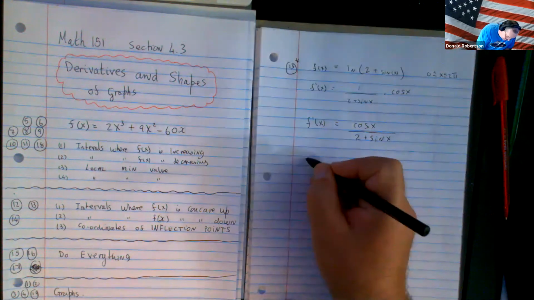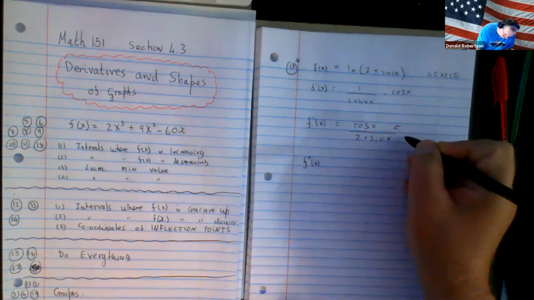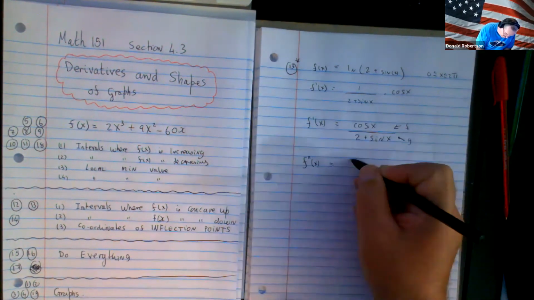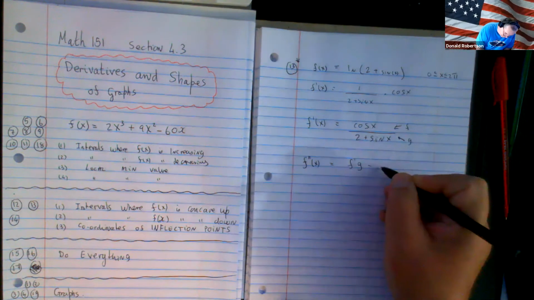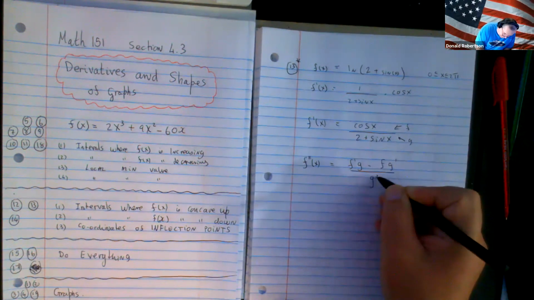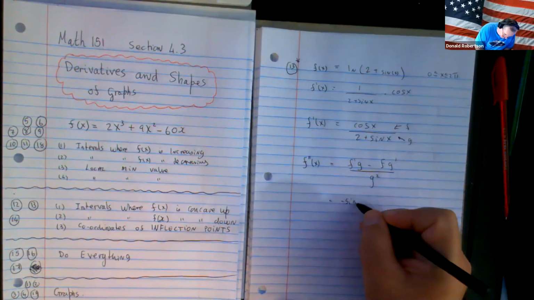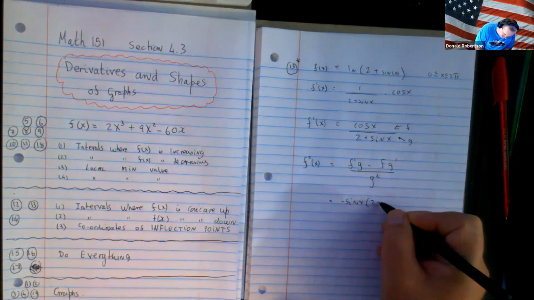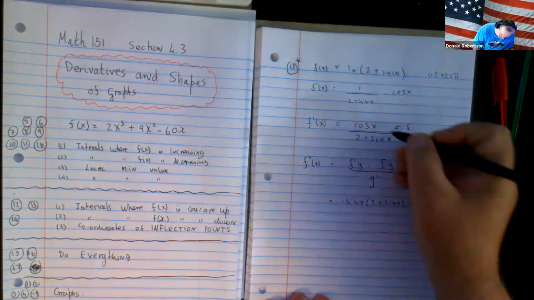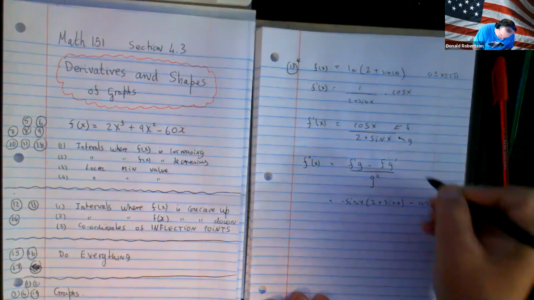Now to find its second derivative, I'm going to differentiate this fella, and this becomes a quotient rule question. If you differentiate the top, you get negative sine x. Leave the bottom alone. Take away, leave the top alone, and differentiate that guy.